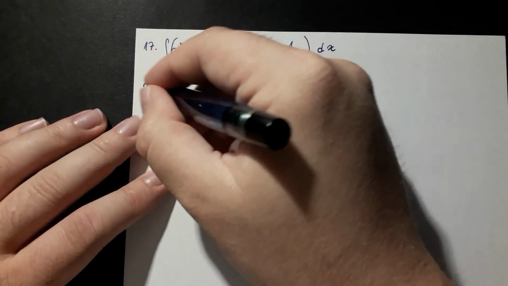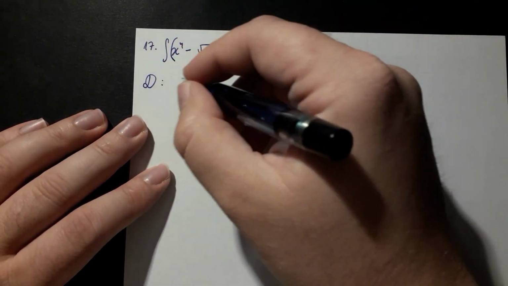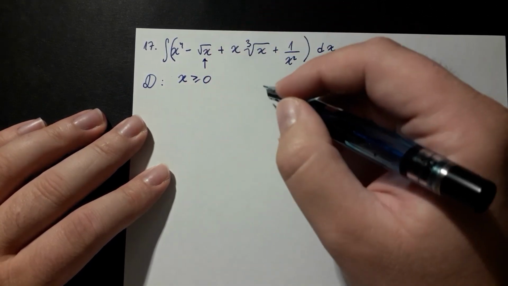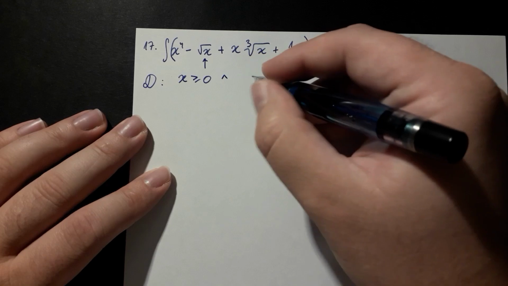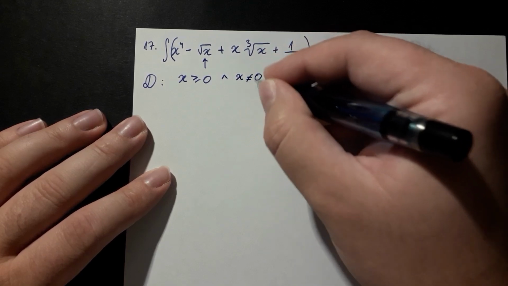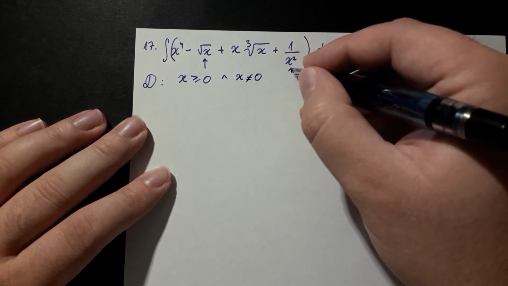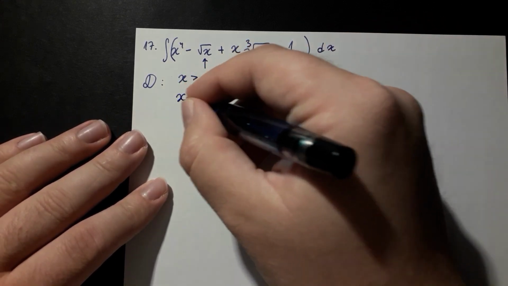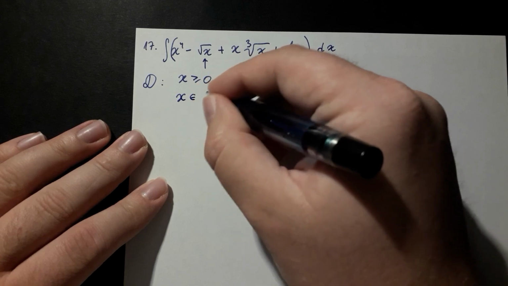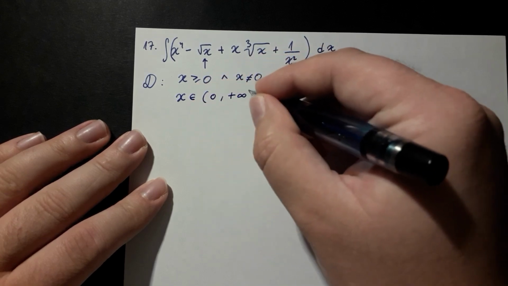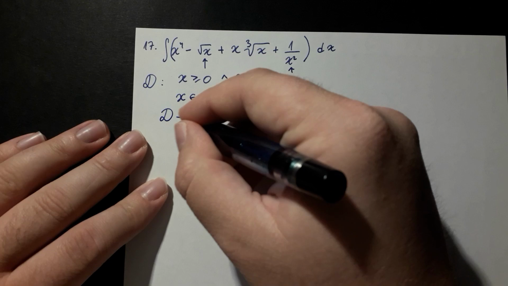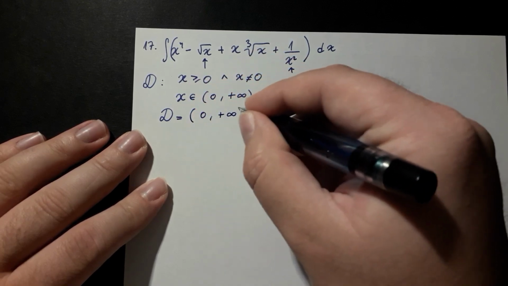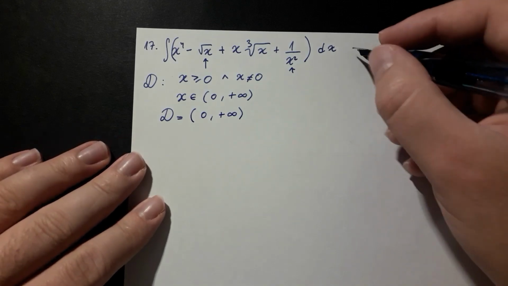The area in which this integral is defined is for all x's larger than or equal to 0 because of this square root, and x has to be different from 0 because here we have division by x squared. Well, that means that x has to be larger than 0. So our area in which the integral is defined is an open interval from 0 to plus infinity.